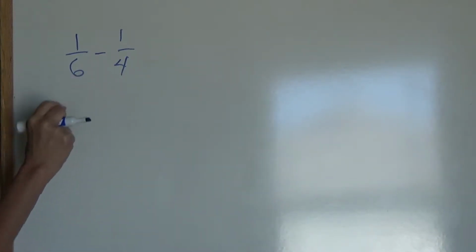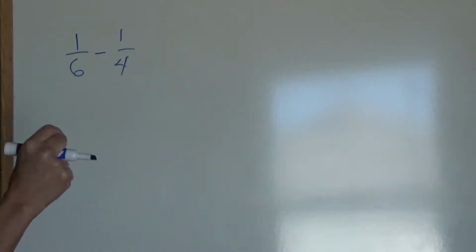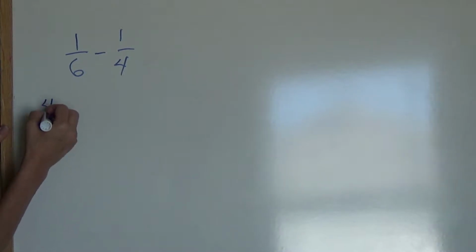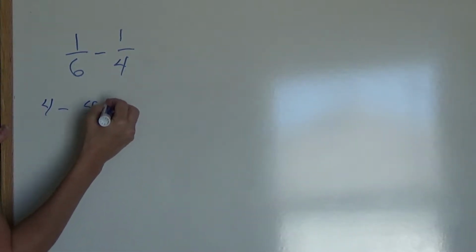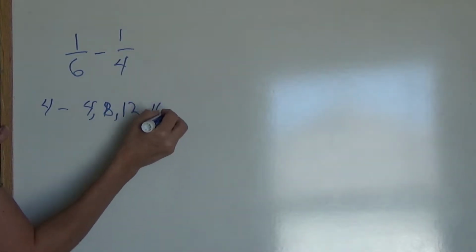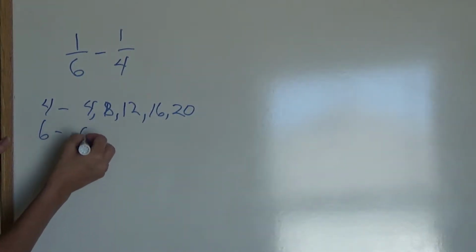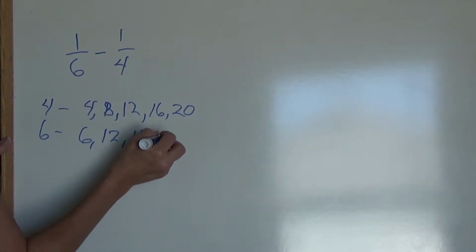Because 4 can't go into 6 and 6 can't go into 4, what do? That's right, we list the multiples of both of those. Multiples of 4 are 4, 8, 12, 16, 20. What are the multiples of 6? 6, 12, 18, 24.